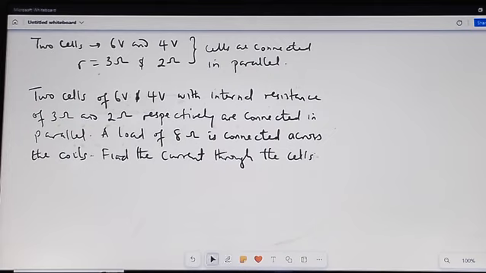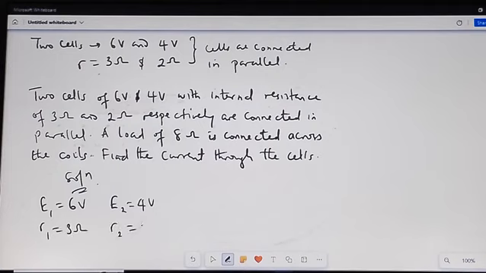How do we handle this particular question? The cells are 2. So we can say that let E1, the EMF of the first cell, be 6 volts, and the EMF of the second cell is 4 volts. Then we have that R1 is equal to 3 ohm, R2 is equal to 2 ohm.